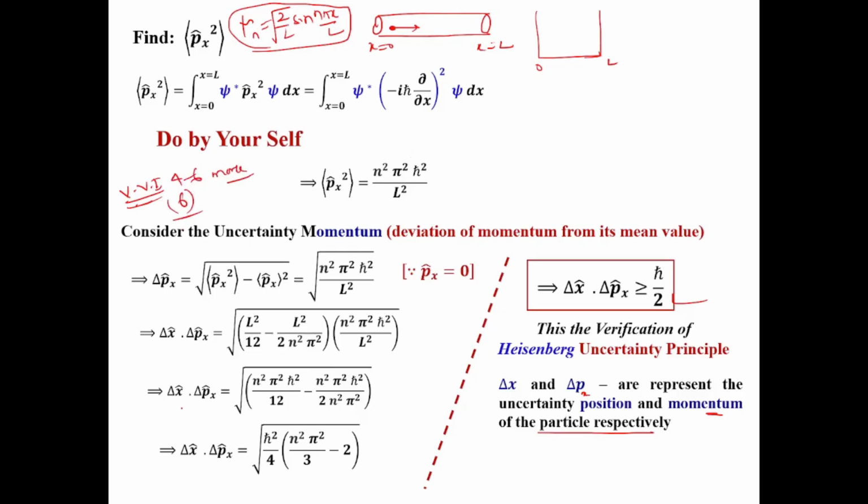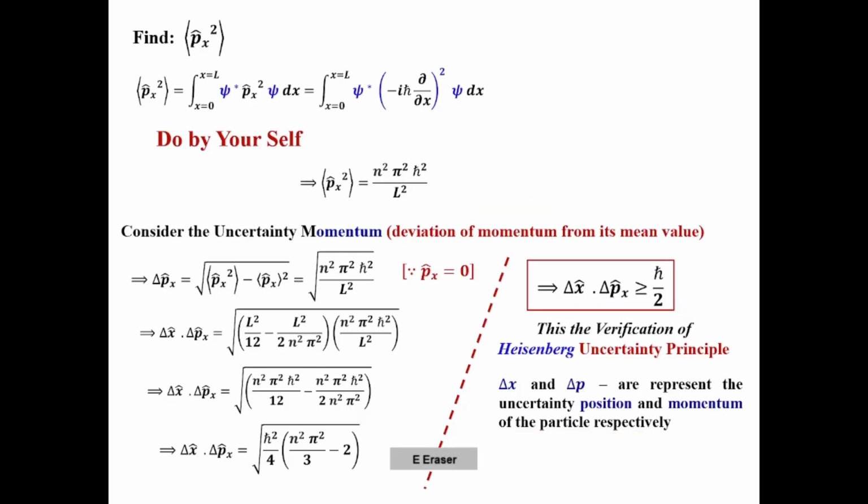You have to find del x and del px. Del x is nothing but the root of x square mean minus x mean square. In short, you have to derive del px, and after multiplication, up to this much you have to write for 4 to 6 marks.